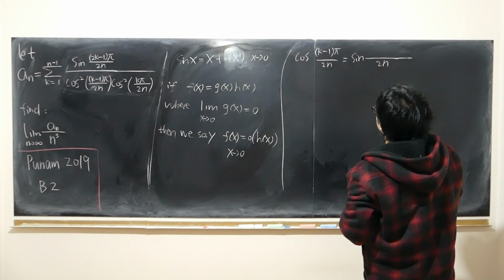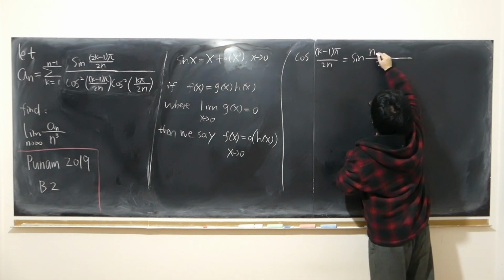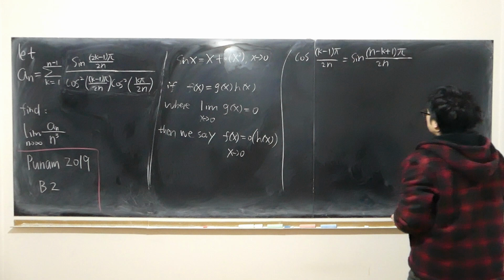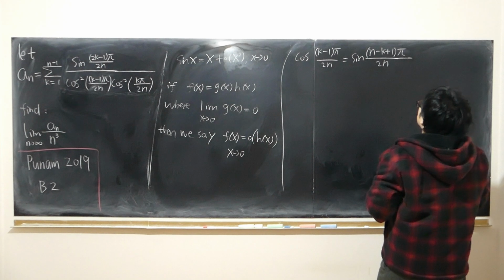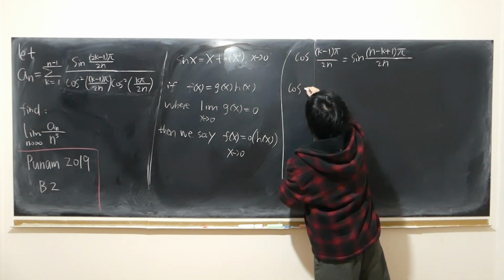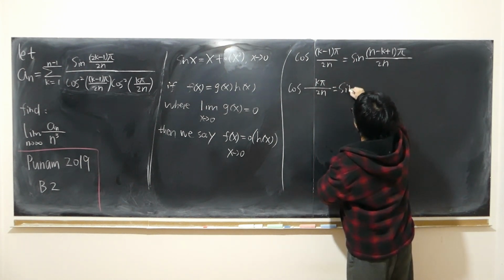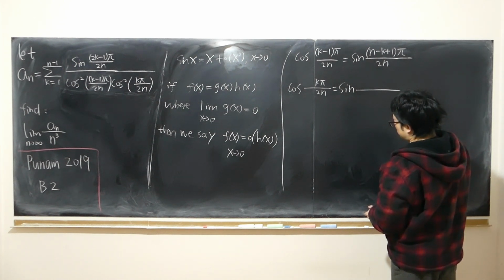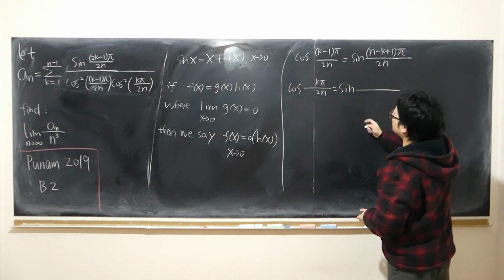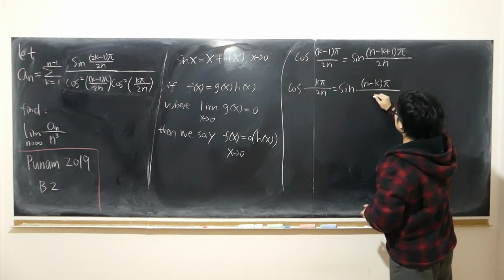Half pi, n pi minus this, n minus k plus 1 times pi. Half pi, yes, half pi, n pi over 2n, half pi. Cosine k pi over 2n is sine of half pi minus this angle. All right, so half pi, n times pi, n minus k pi.